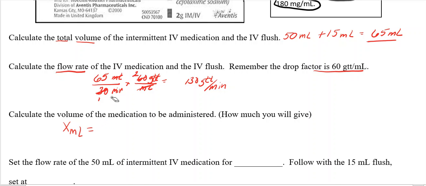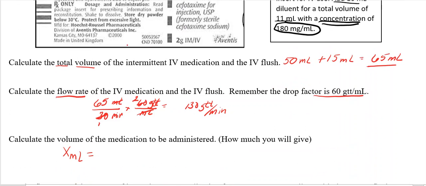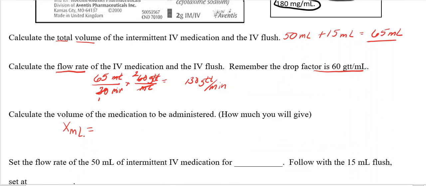So my doctor's orders, if you'll remember from the top, was 250 milligrams. And then my concentration is 180 milligrams per milliliter. So I have 250 milligrams over 1 times my supply form, which is 1 milliliter, over my concentration, which is 180 milligrams.